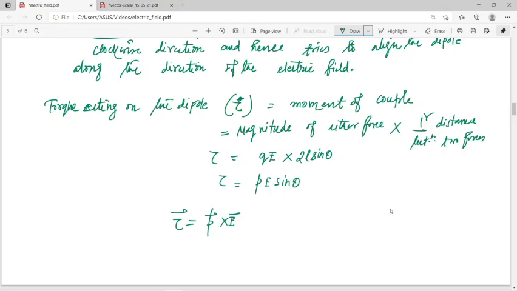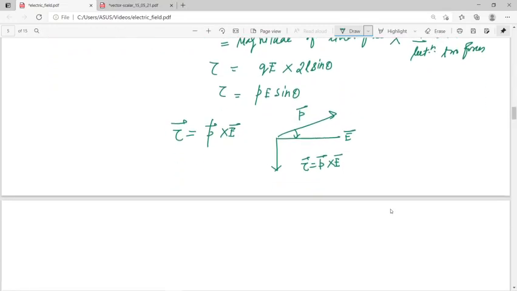That means if the direction of p is this and the direction of E is this, then the torque is perpendicular to the plane consisting of p and E, which is nothing but p cross E. That is the torque acting on the dipole.